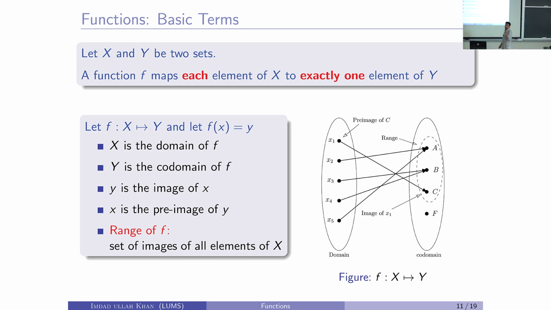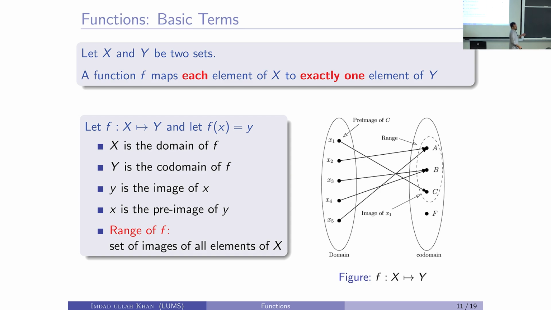One thing to keep in mind: you can go home and for 30 seconds make up an example. Suppose LUMS hostel allotment was a function. There is a set of hostelite students, and then there is a function and there is a room assignment.